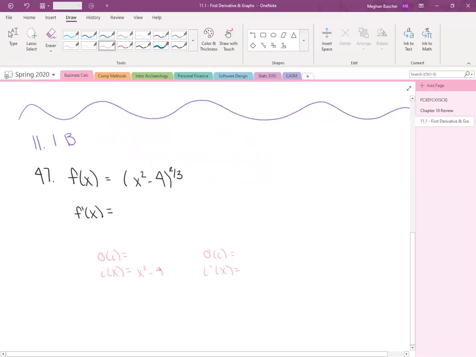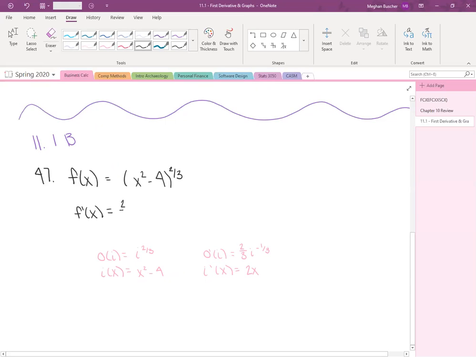And what is that derivative? 2x. Awesome. And what does that mean that the outside function has to be? It's I to the 2/3, and then it's 2/3 I to the negative 1/3. Awesome.